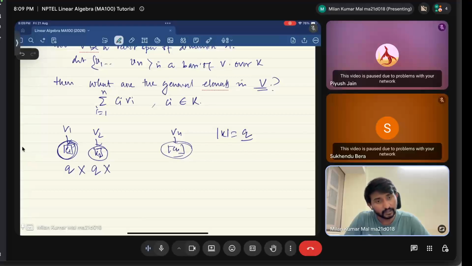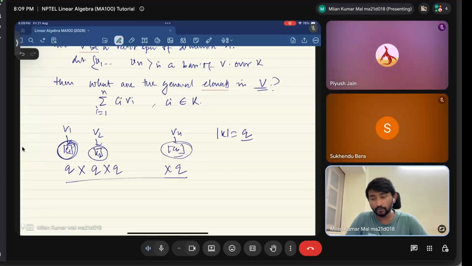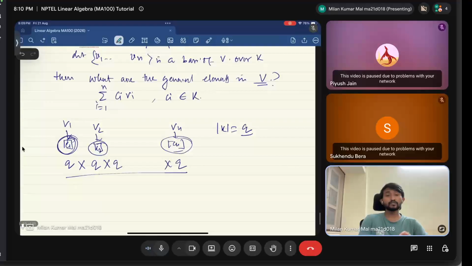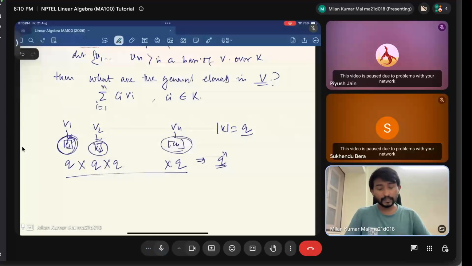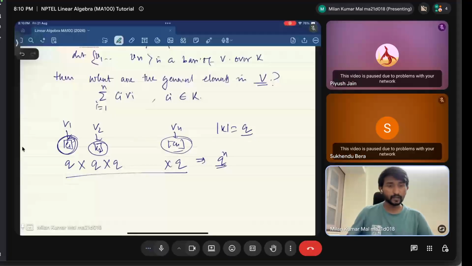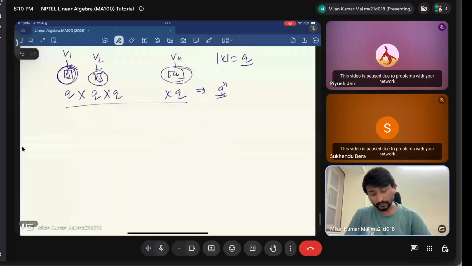The third position will again be q, and all the way, in total n factors of q appear. So the cardinality will be q to the n. So the total number of elements in the vector space V is q to the power n.